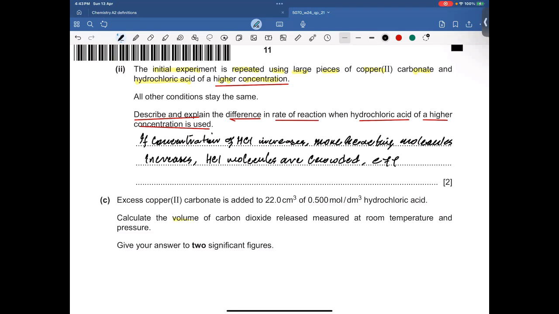Effective collisions in a unit time increase, also called collision frequency. So the rate of reaction increases.